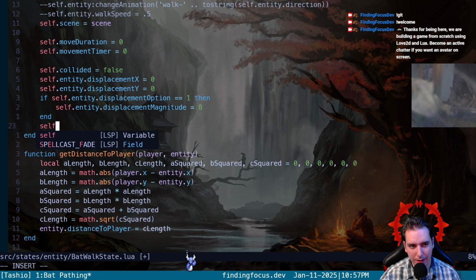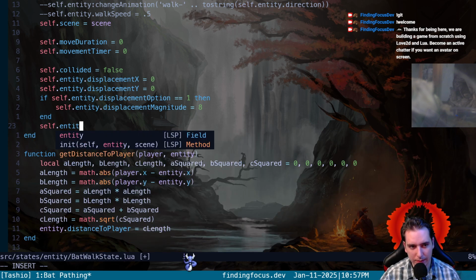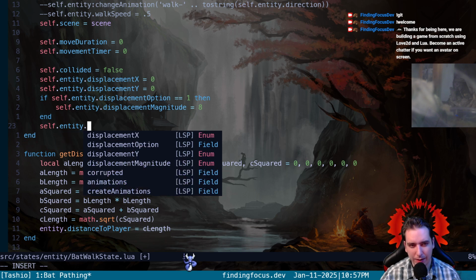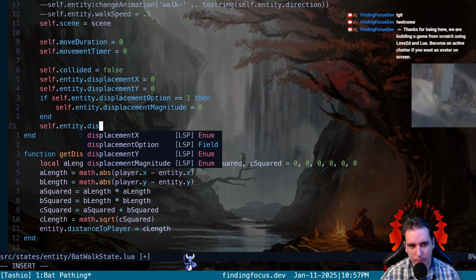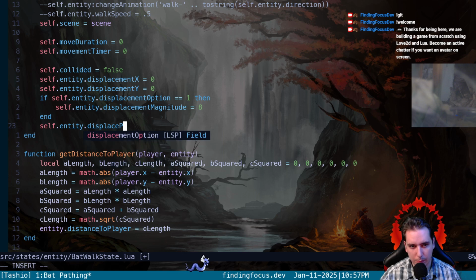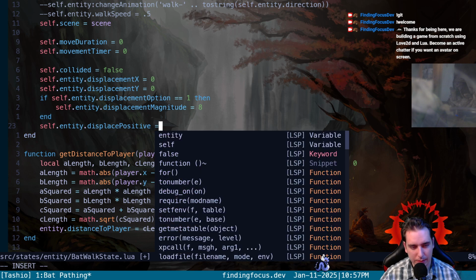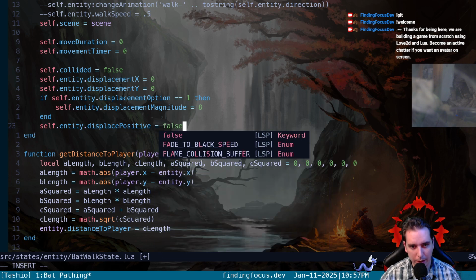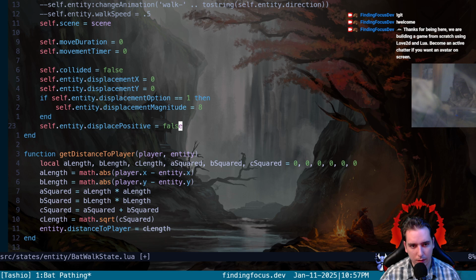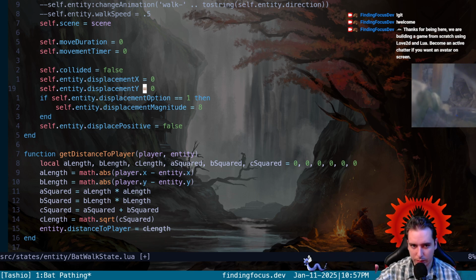But we're going to say that the entity gets a displace positive. That's a bad name for it, but basically I want a flag to count, hey, we're at 0 going up, so keep incrementing the displacement till we hit the magnitude, then swap the flag to decreasing.